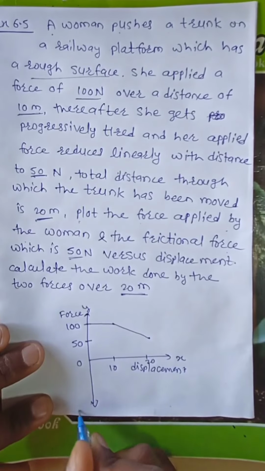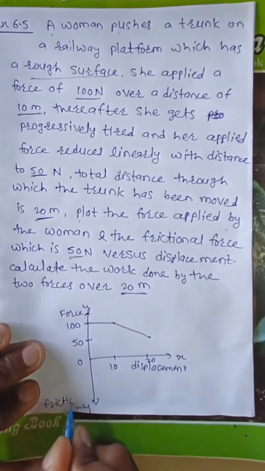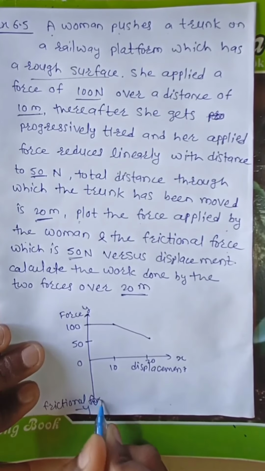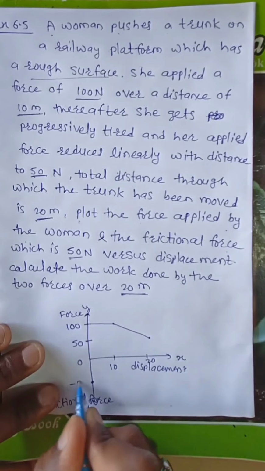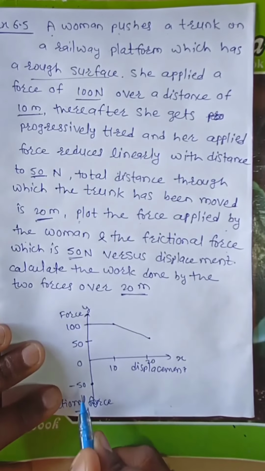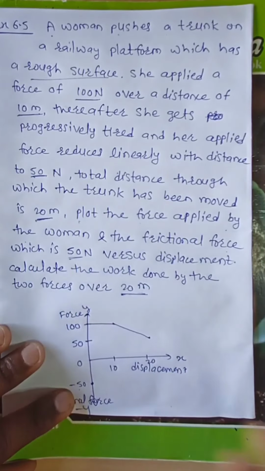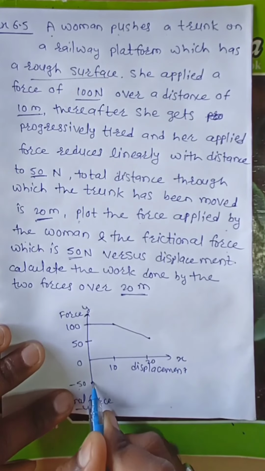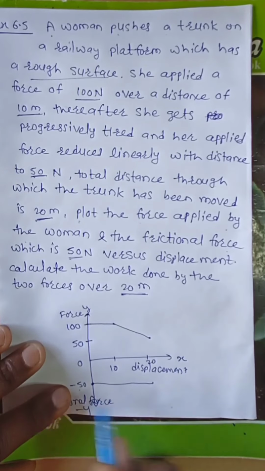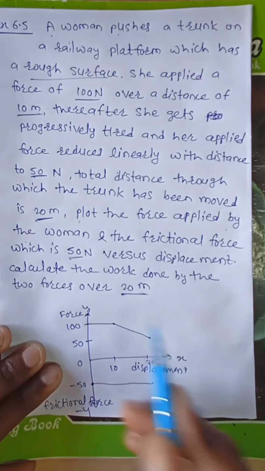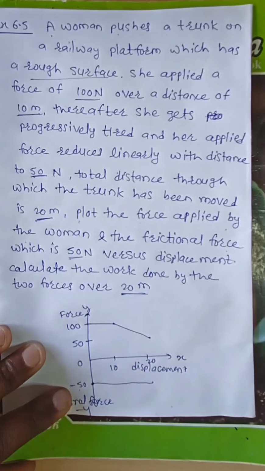Means in the negative y axis the friction force is present, and that friction force is 50 newtons. Therefore the friction force is minus 50 newtons throughout. Now this is the friction force, this is the applied force. This is the graph between applied force versus displacement and friction force versus displacement.